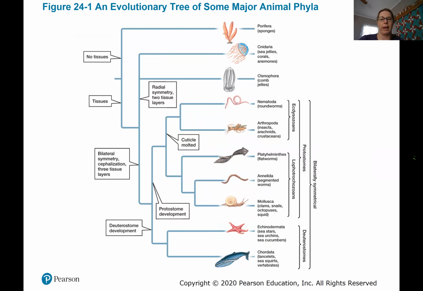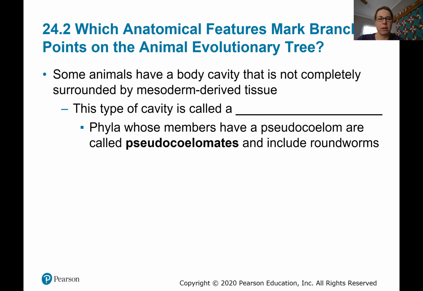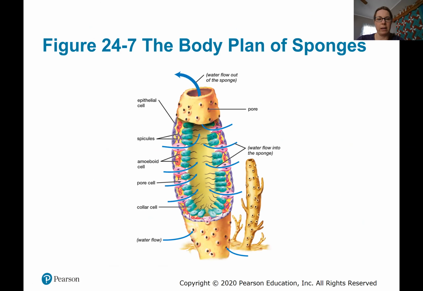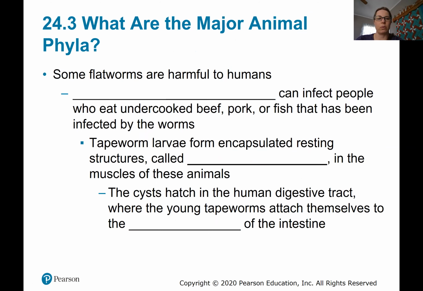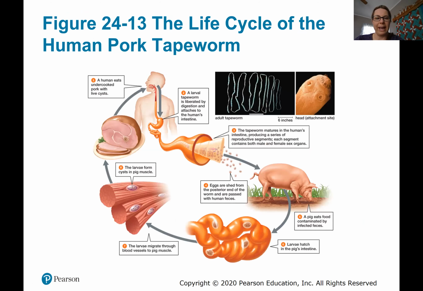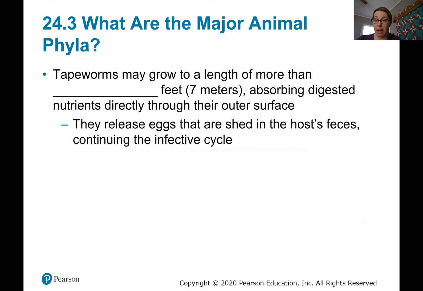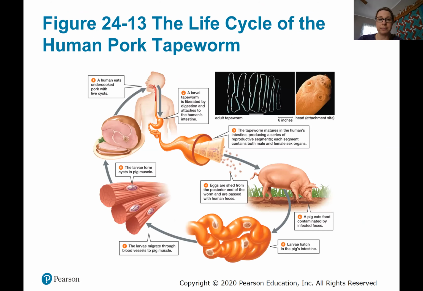Like animals that have tissues versus no tissues, symmetry, tissue layers, mesoderm, endoderm, ectoderm, those types of things. Okay, so we're moving into the next half of this, and I'm going to jump way ahead. Have you guys just review the first part of chapter 24. And we ended last time talking about the flatworms right before we did the planarian lab.